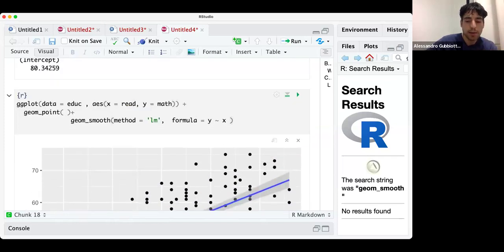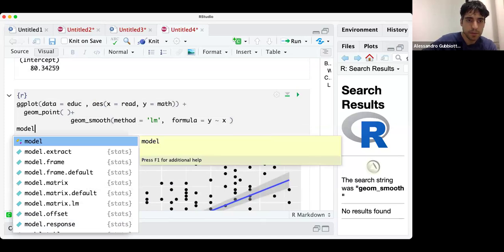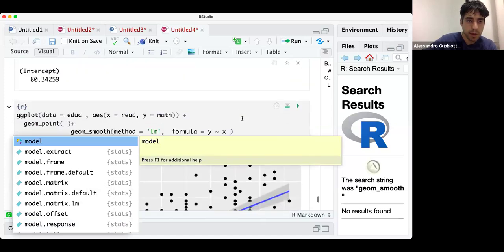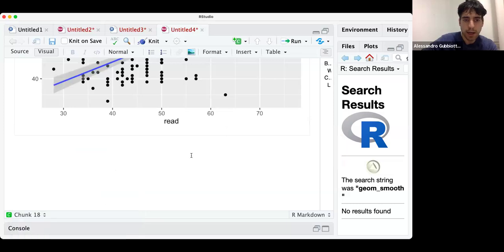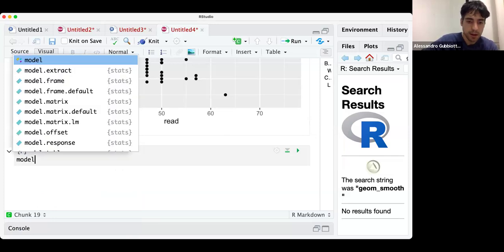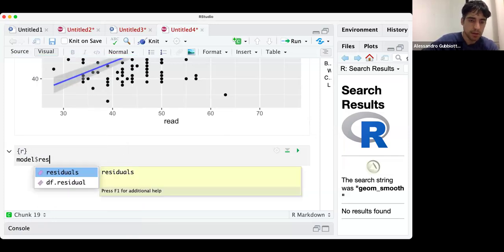The model gives me also the residuals, and we can compare what we did before with the residuals given by the one which minimizes the residual. So let's compute the residuals. So we have model residuals.